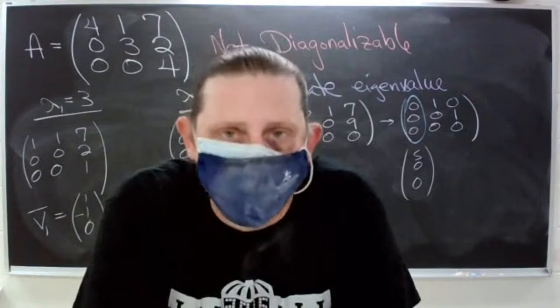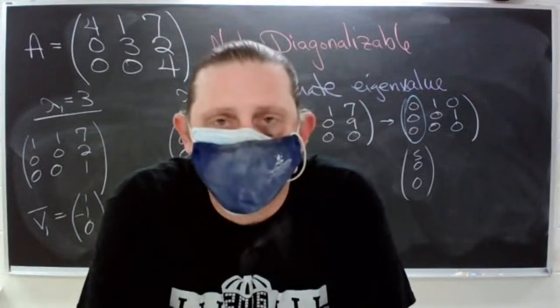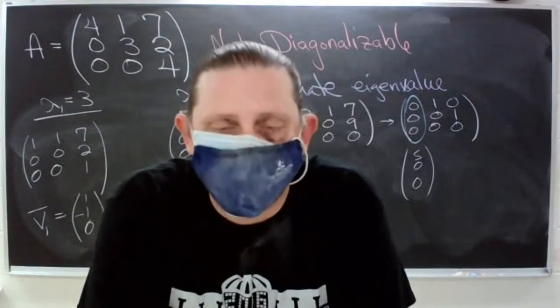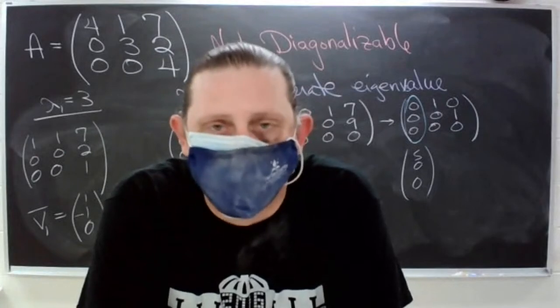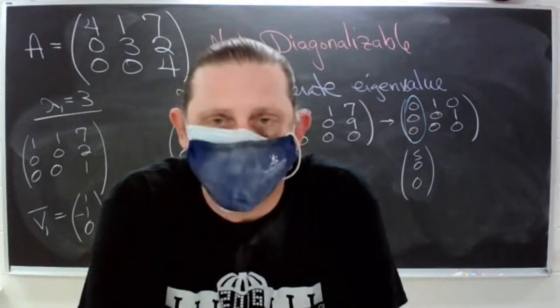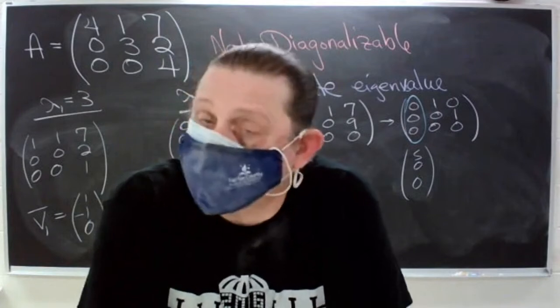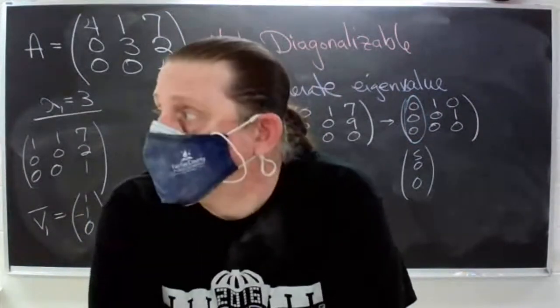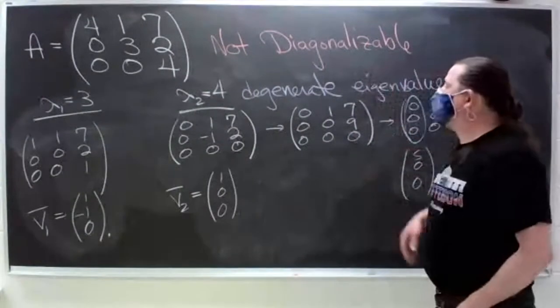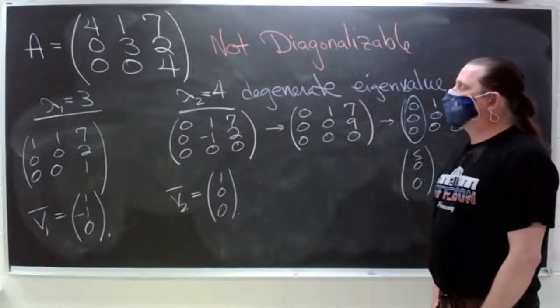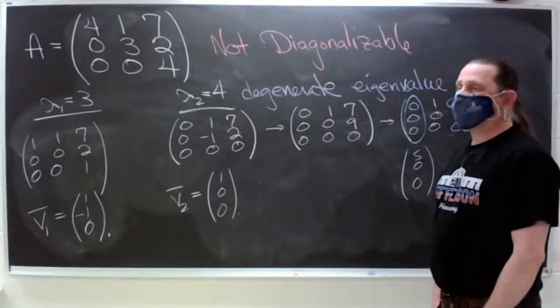It does not have to produce 3 linearly independent eigenvectors. It might fail to live up to its claim. It doesn't have to. It is possible for a degenerate eigenvalue to live up to its claim.